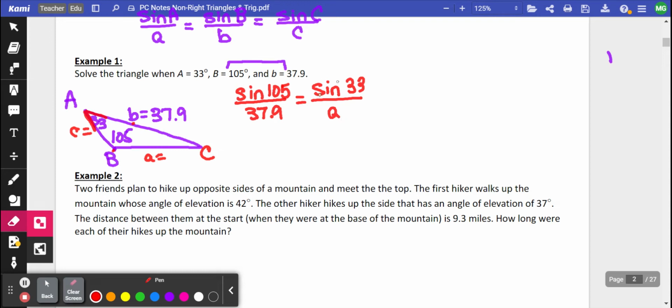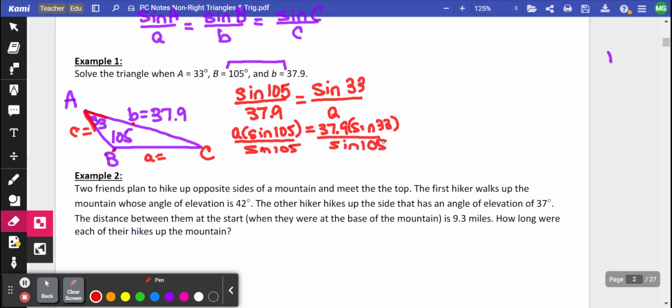When we solve the proportion, we cross multiply. A times the sine of 105 equals 37.9 times the sine of 33. And then we have to divide by the sine of 105 on each side.